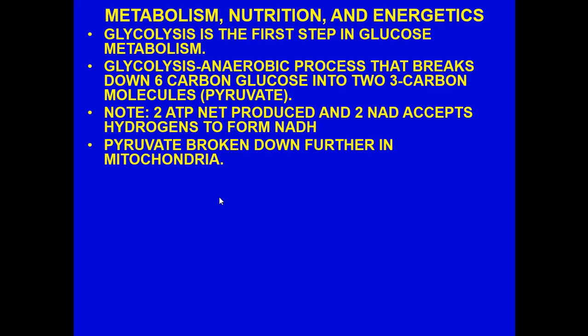Now, have you ever heard the saying, to make money, you need to spend money? Well, that's true, because in the process of glycolysis, you're going to have to use 2 ATP molecules in the beginning. In the end, you get 4 ATP molecules, and I'm trying to help you avoid getting confused here. So basically, 4 minus 2 gives you 2. So there's 2 net that are produced.